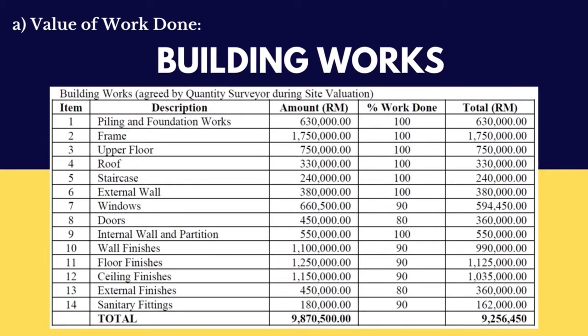For example, the piling and foundation works amount is 630,000 ringgit Malaysia, then the percentage of work done is 100%, so the total is the same as the amount, which is 630,000 ringgit Malaysia, as it shows that the piling work is completely done.